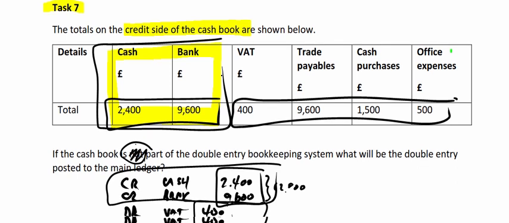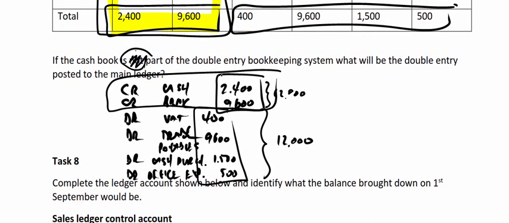So in fact, if that was the case, the only difference with my answer is I wouldn't need to post the credits myself. They would already have been assumed to have been posted. I would therefore just need to post the 4 debit entries. So I'd only have 4 entries rather than the 6 that we required in this answer, because we did need to post the credits because the cash book wasn't part of the double entry bookkeeping system.